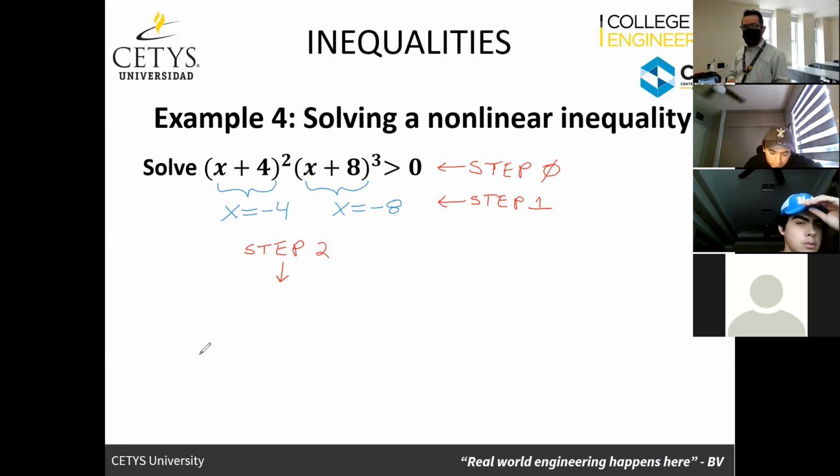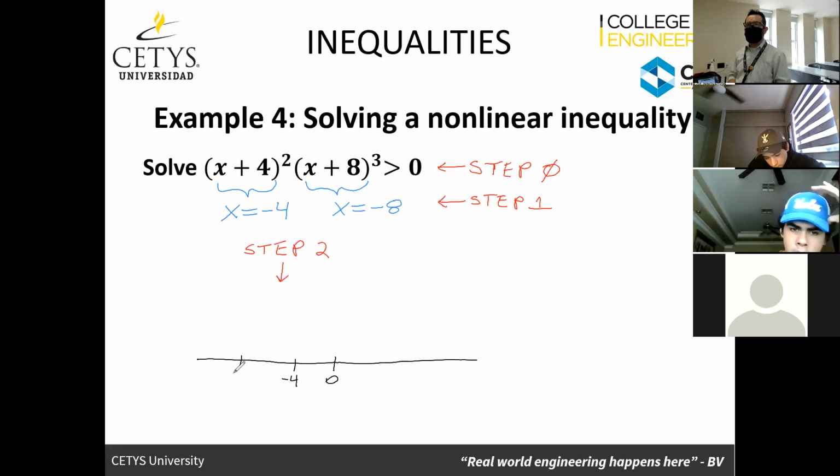So just remembering what we had talked about, if we have the number line, and the number line has the 0 as a reference, the -4 is going to be around here. The -8 is going to be around here. Here we've got positive infinite. And on this side, we've got negative infinite.